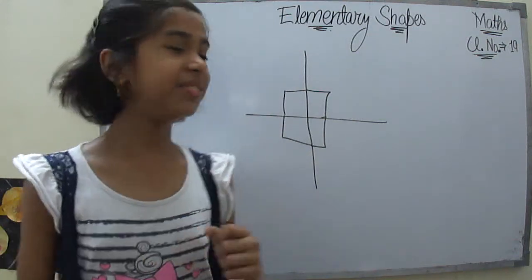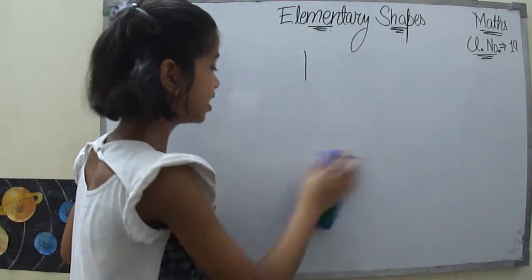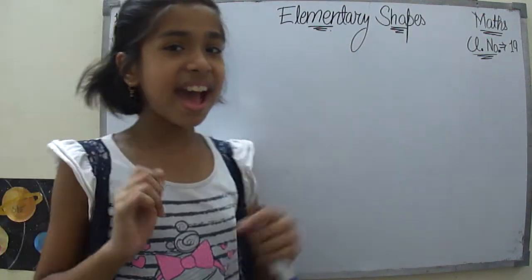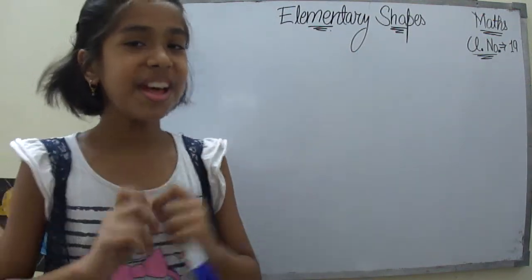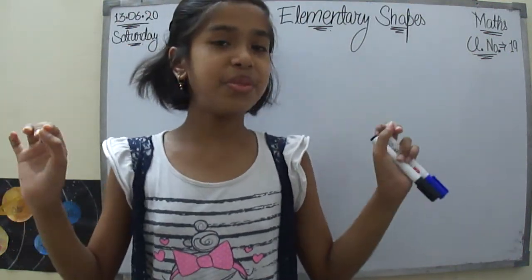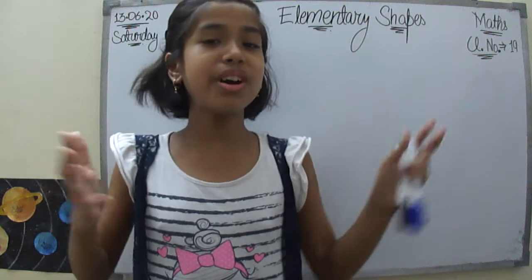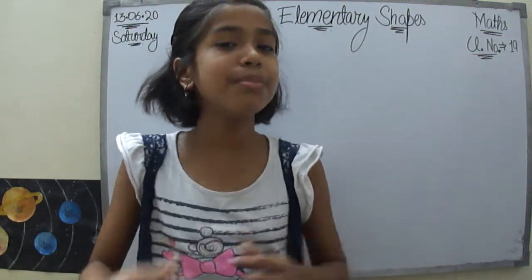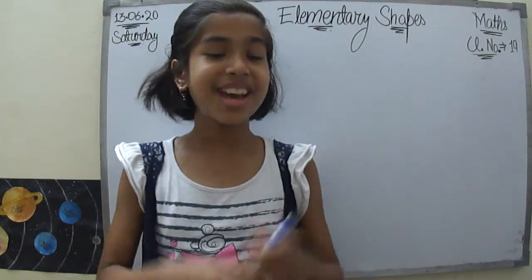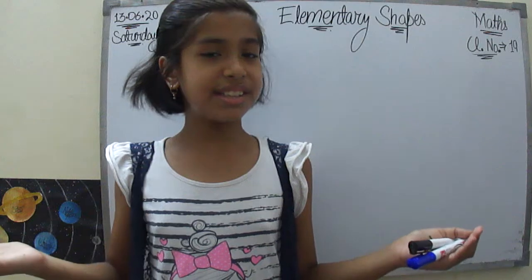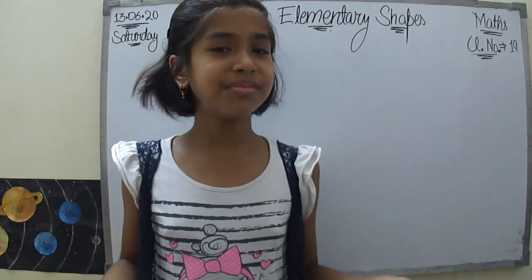Now let's see about the triangles. As we all know, the triangles are classified based on two different things. Now you will say, what is that? What are the possibilities which could happen? The possibilities could be the sides and the angles. What could be more possibility?